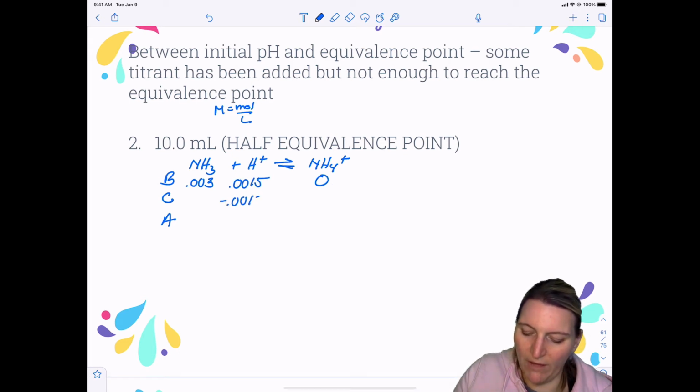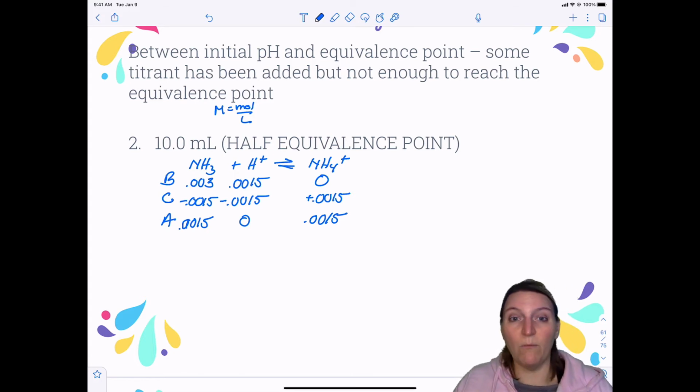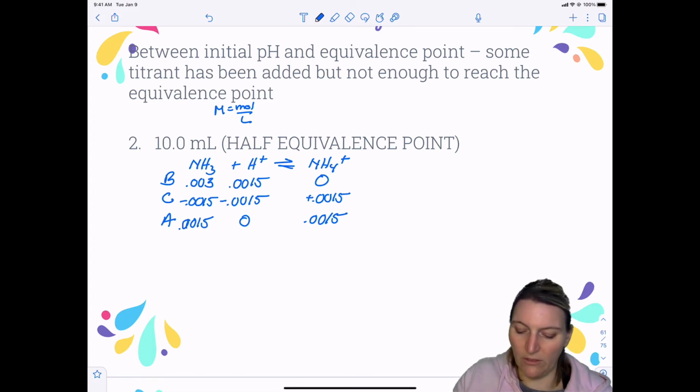So all of my strong acid gets used up, and I make some conjugate acid, and I still have some weak base in there. Remember, these are in moles.